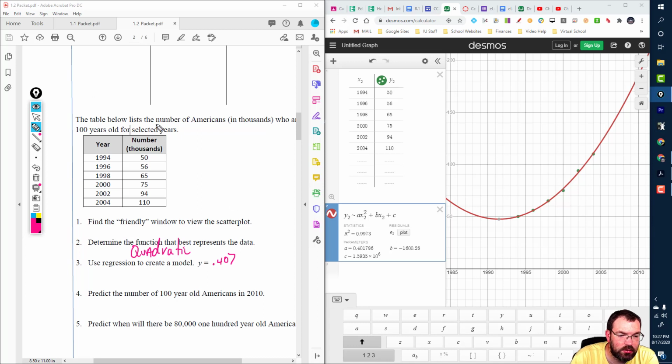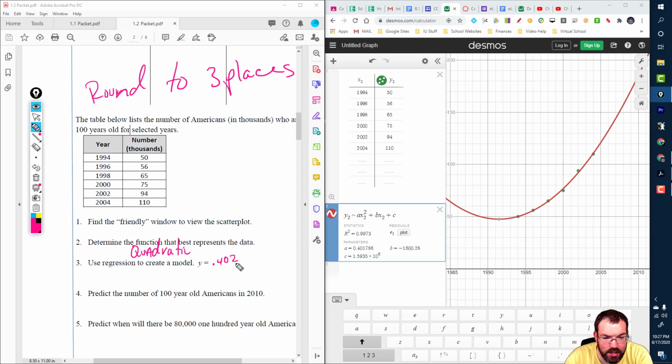Oh, it's a 2, not a 7. Round to 3 places. If you don't know how to round, go back to 3rd grade. 0.402x squared plus, minus, because b is negative, 1600.28x.